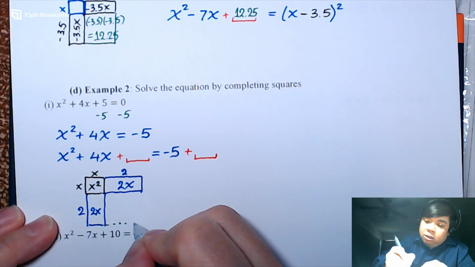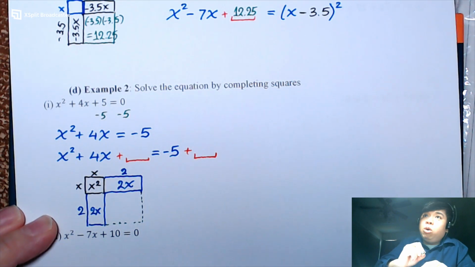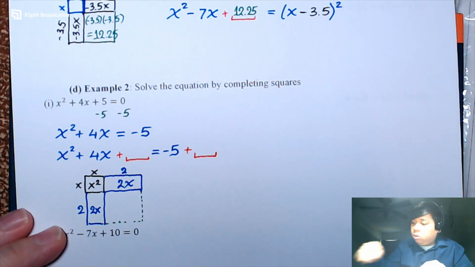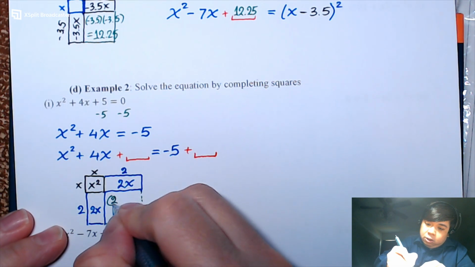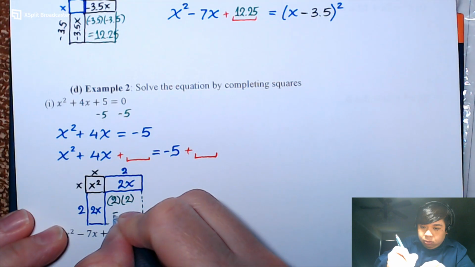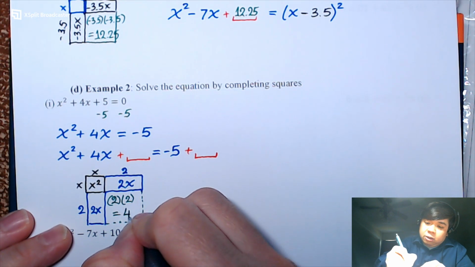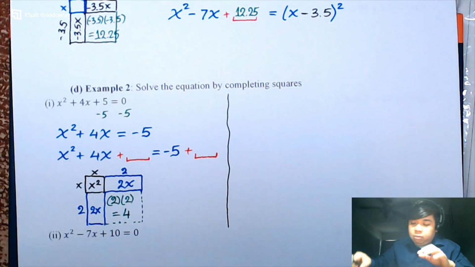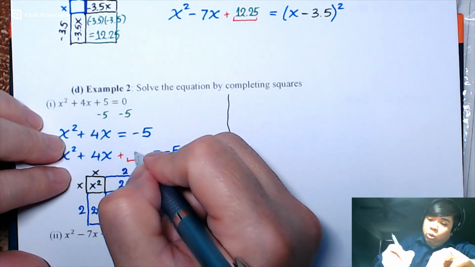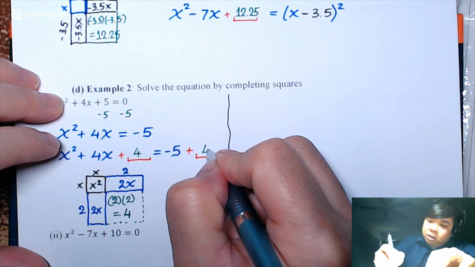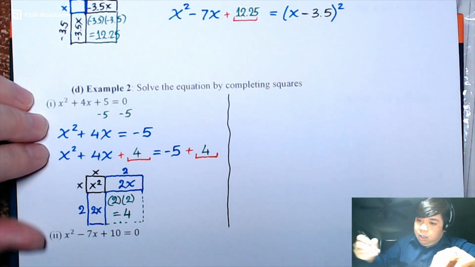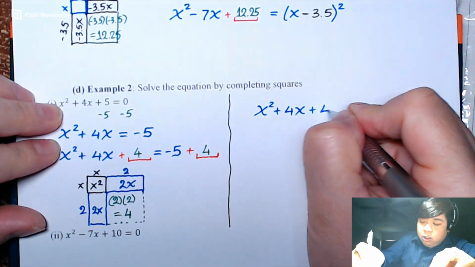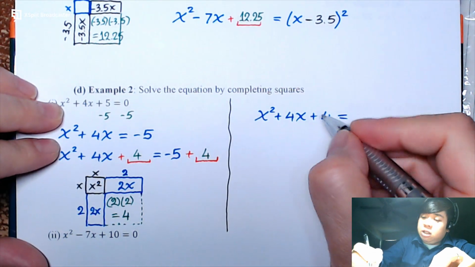And with that, we make a square. We need to add something to make a square, and that square will be 2 by 2. It's going to be 4. Right. So 4. So we add 4 on both sides. And so we have x squared plus 4x plus 4 equal to negative 5 plus 4, which is negative 1.